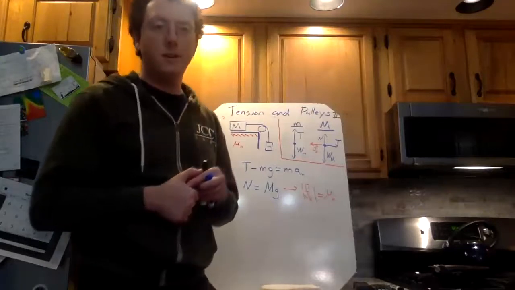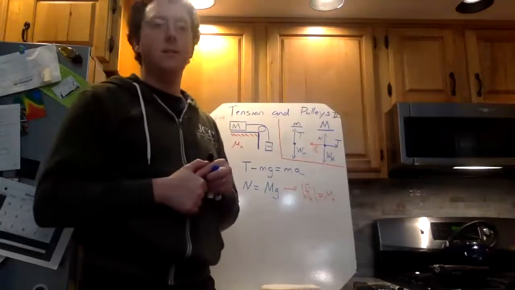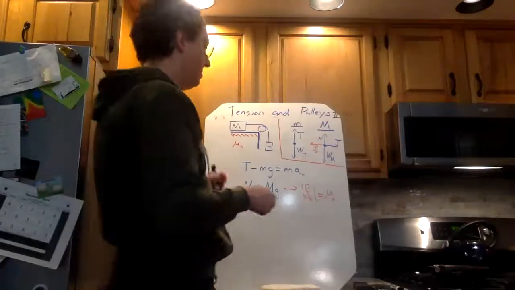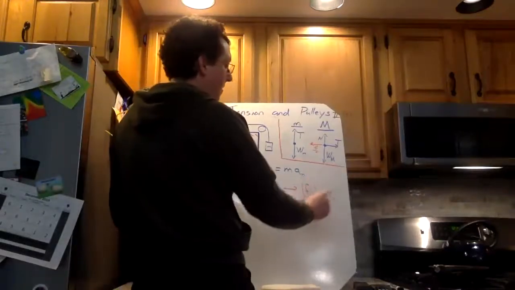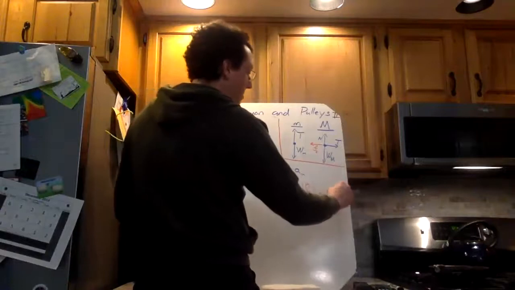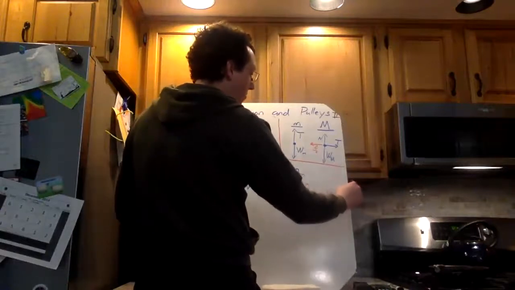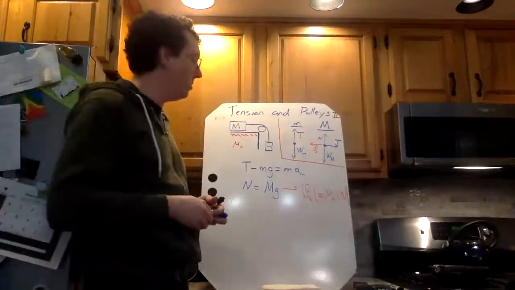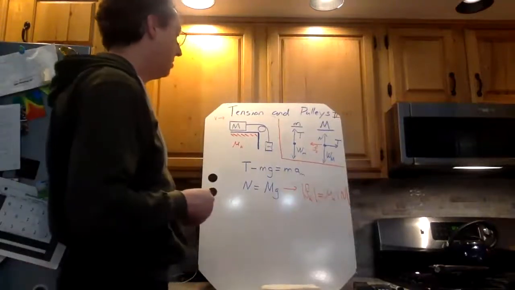We are not farm animals, okay? Mu sub k, not mu sub k. Be civilized. All right. Anyway, the kinetic friction force is mu k times the magnitude of the normal force. Mu k times the magnitude of the normal force.